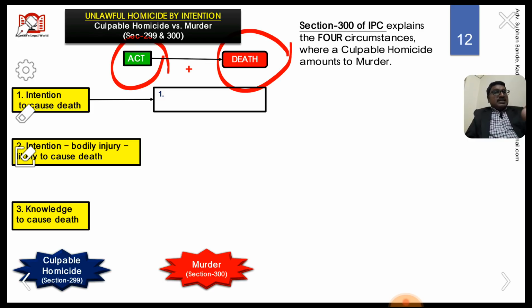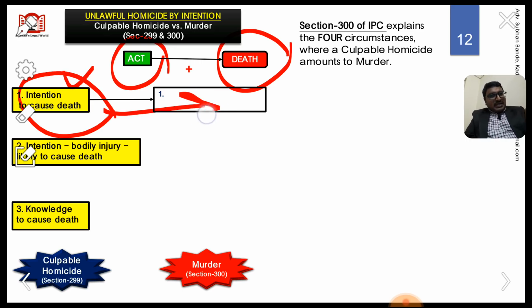The result of the act is the death. The mens rea is intention to cause death. The first essential element in culpable homicide is intention to cause death. The same amounts to murder.